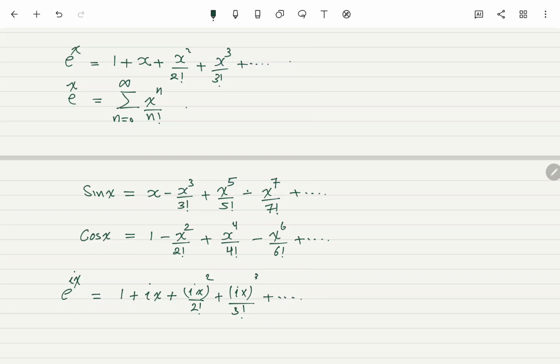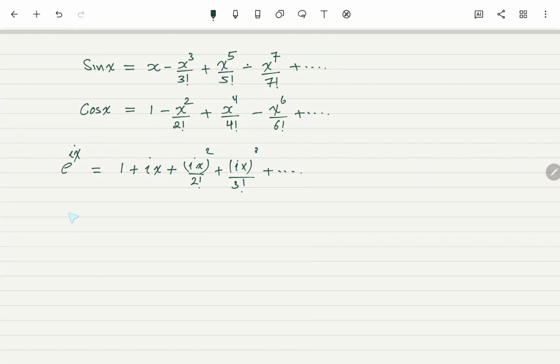So we just substituted, rather than using x here, we used ix. Remember that i is equal to square root of minus 1. Therefore, i squared equal to minus 1, i cubed equal to minus i, i to the power 4 equal to plus 1, i to the power 5 equal to i, i to the power 6 equal to minus 1, etc.